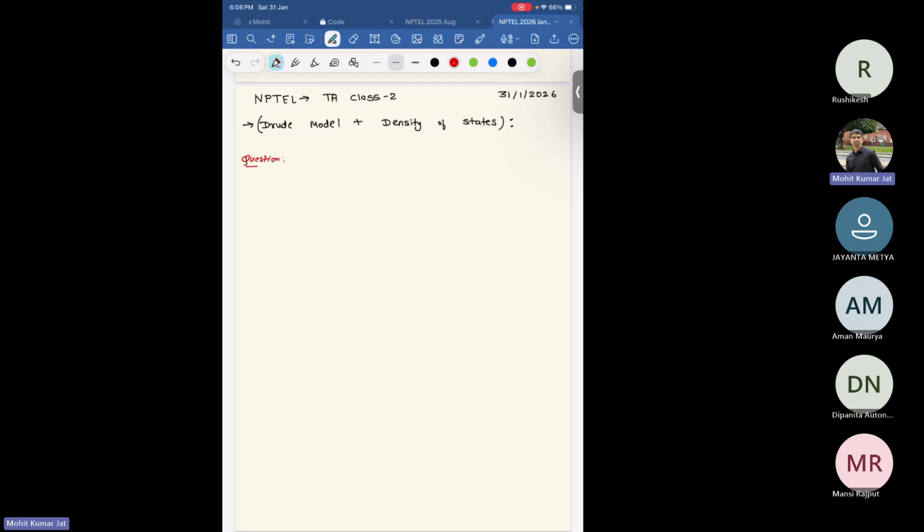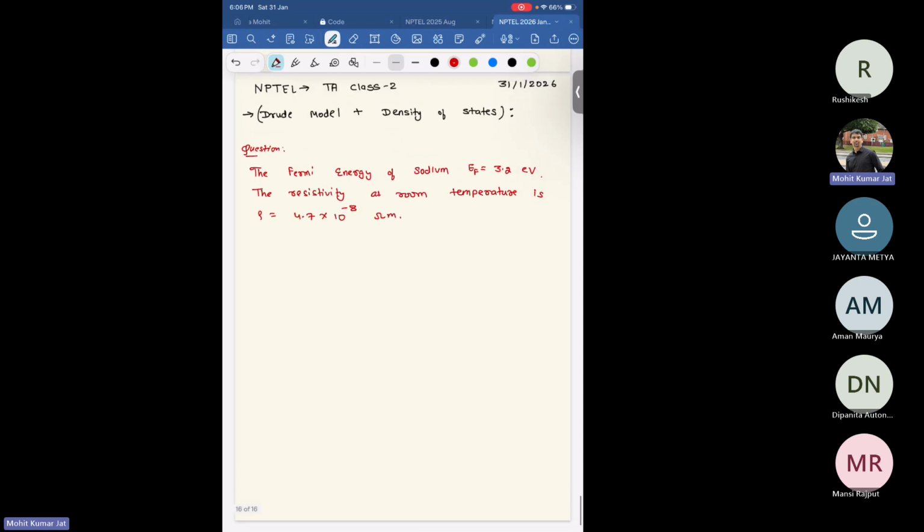which is: the Fermi energy of sodium is given. Let's say the Fermi energy of sodium is 3.2 eV, and its resistivity at room temperature is 4.7 into 10 power minus 8 ohm meters.